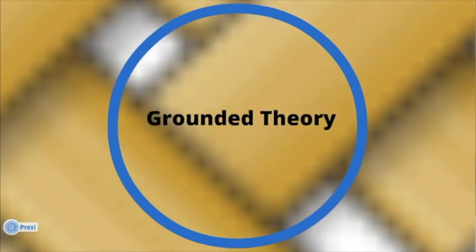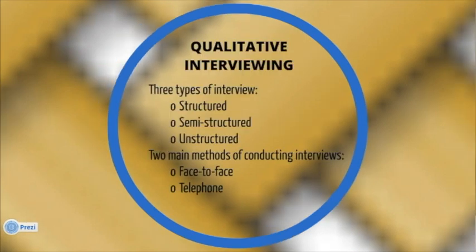Number 5. Grounded theory. It reverses approaches in research that collected data in order to test the validity of theoretical propositions in favor of an approach that emphasizes the generation of theory from data. Number 6. Qualitative interviewing. There are 3 types of qualitative interviewing.